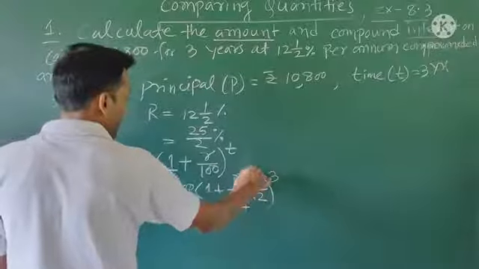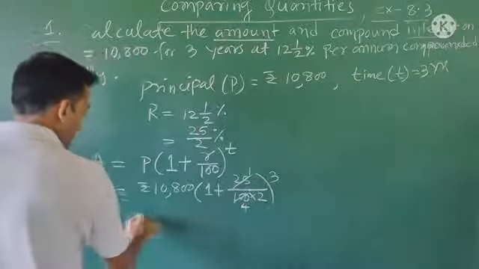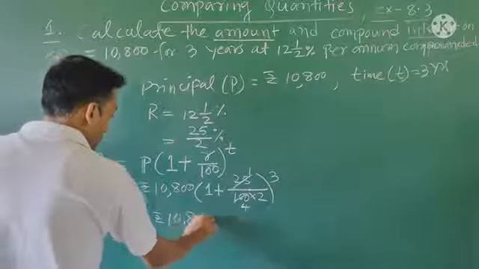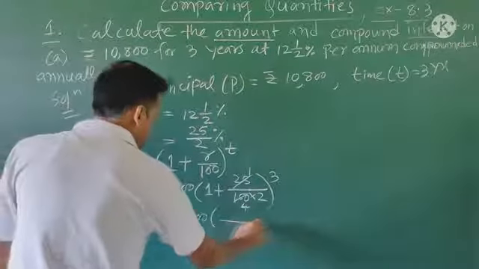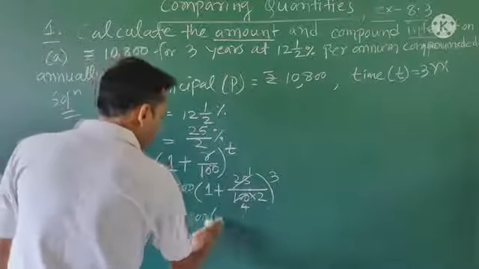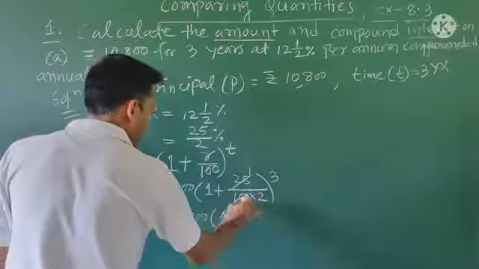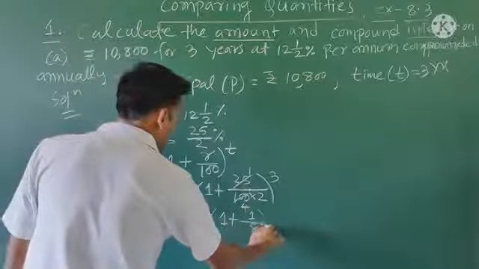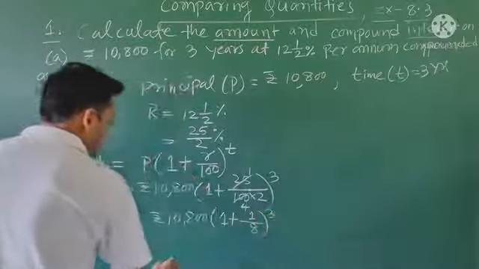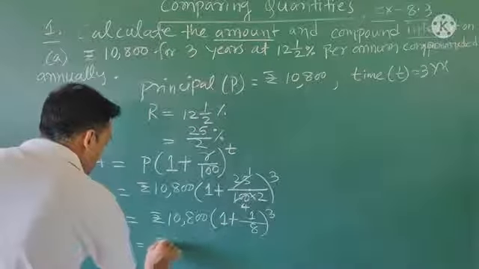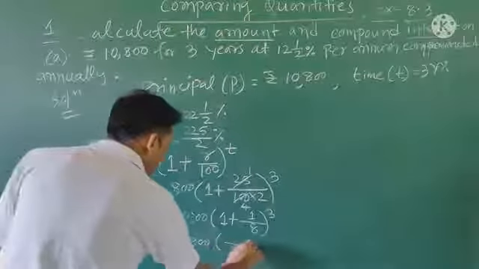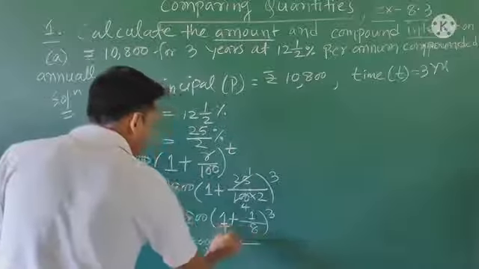So we know 25/4 is 100. You cancel it. Numerator we have 1. Rupees 10,800 into 1 plus 1/8, to the power 3. Now you take LCM. This one has denominator 1.